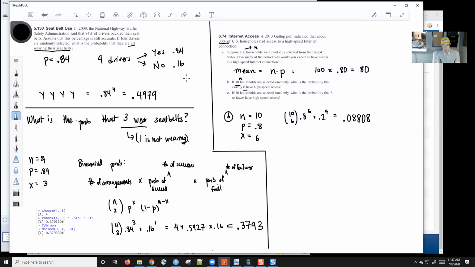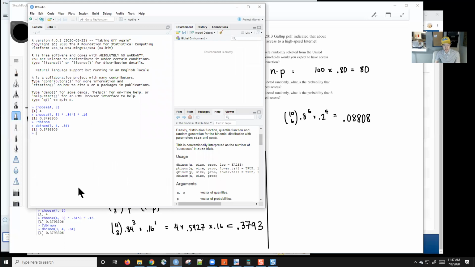0.08808, okay? Again, I could do this in R a few ways. I could do choose 10, 6, which is 210, and multiply that times 0.8 raised to the 6th times 0.2 raised to the 4th, and that gives me the same 0.08808.